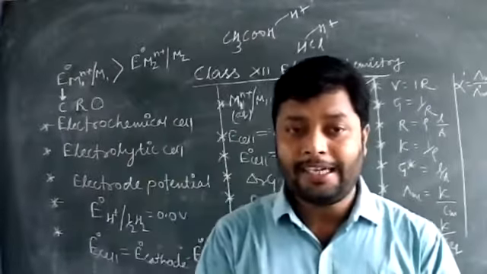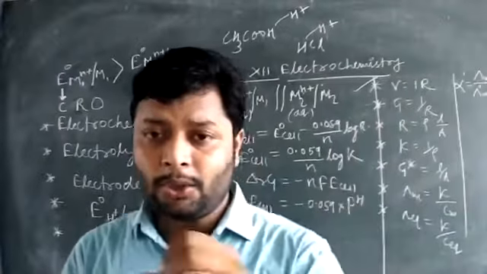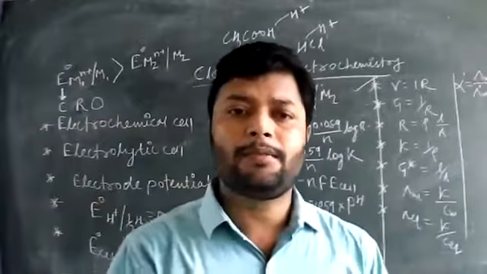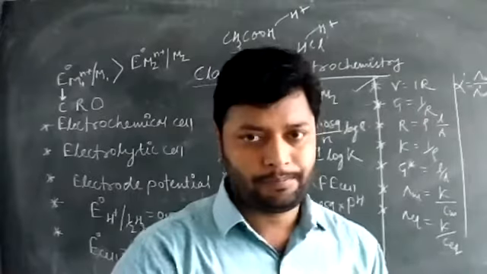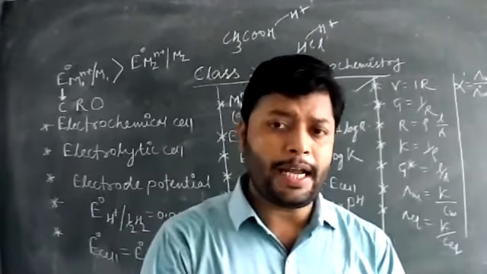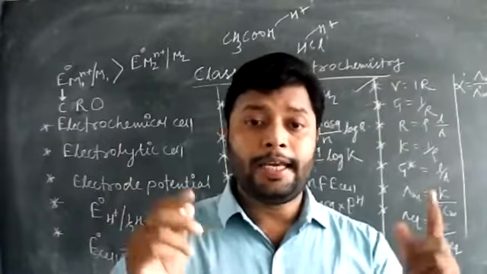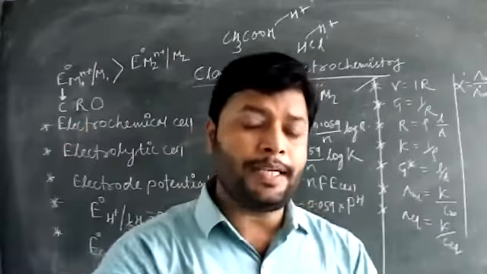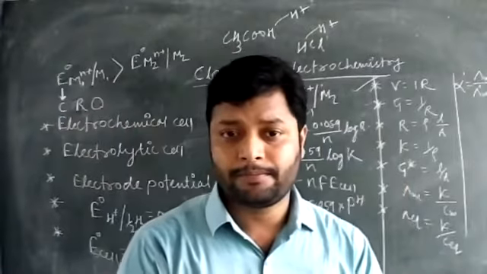Faraday's first and second laws are all about the amount of electricity passing through the electrolyte, which will produce the amount of mass deposited by the metal on electrodes. Simply, he told that there is a direct relation between them. The amount of charge will decide what amount of metal will be deposited.